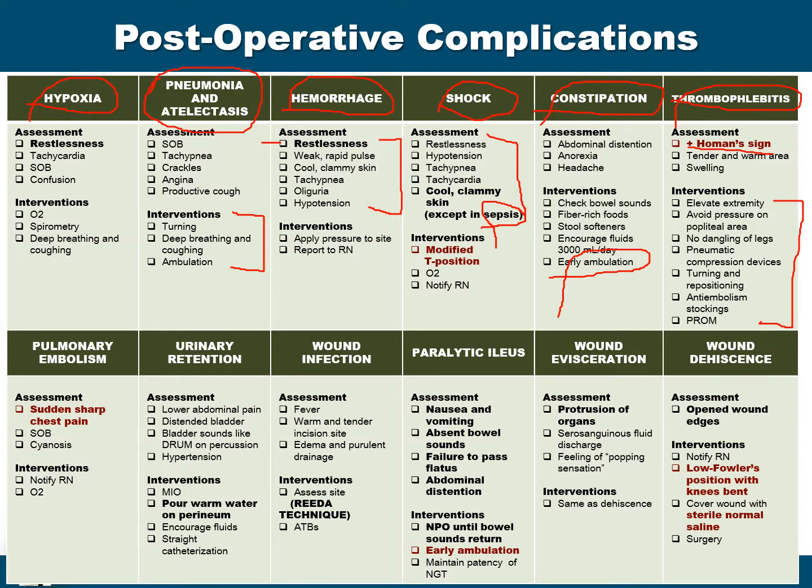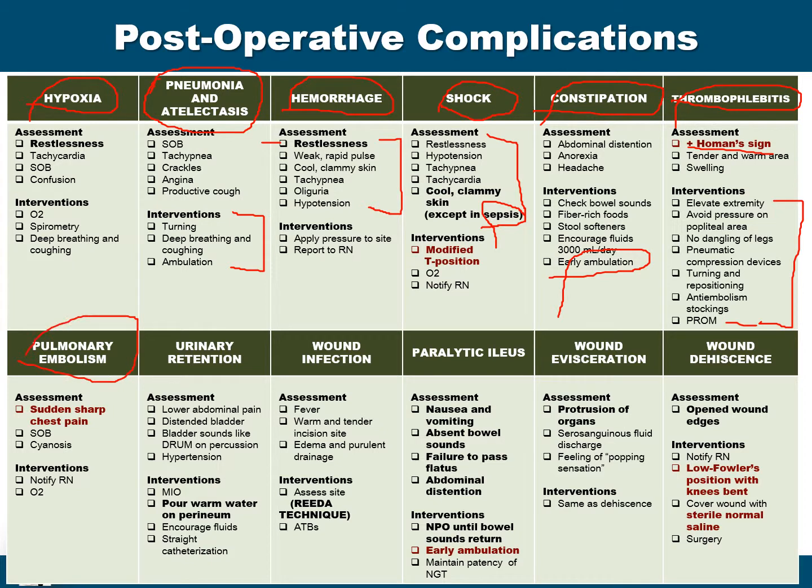A pneumatic compression device is a special device being applied on the extremity of the patient to provide continuous pressure that will prevent the formation of the clot by promoting circulation. We also encourage turning and repositioning, use of anti-embolism stockings, and lastly, that would be PROM, or the passive range of motion of the extremity.